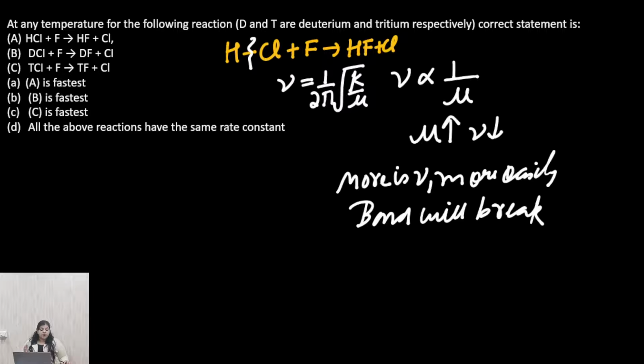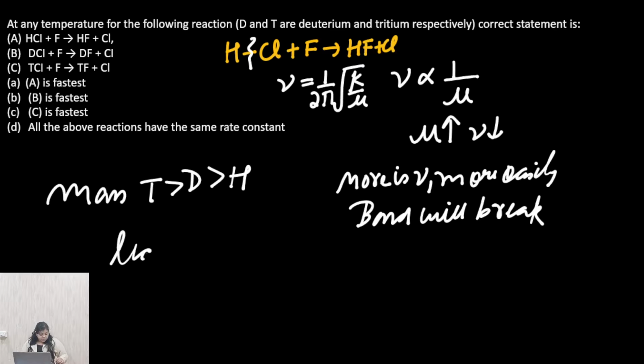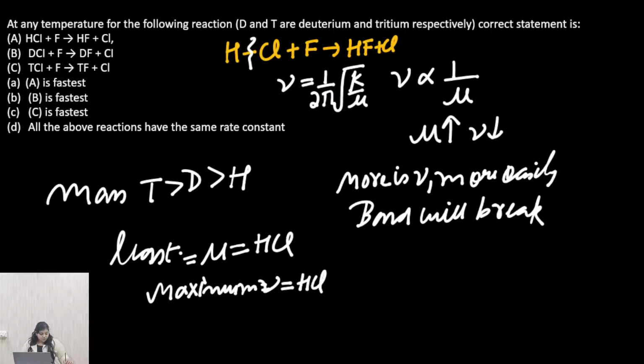As we move from hydrogen to deuterium to tritium, the mass increases. In the mass comparison, tritium is the maximum, followed by deuterium, and the least is hydrogen, which means we will have the least mu for HCl. With the least mu, we have the maximum stretching frequency for HCl. That means this bond breaking is going to be the easiest one.